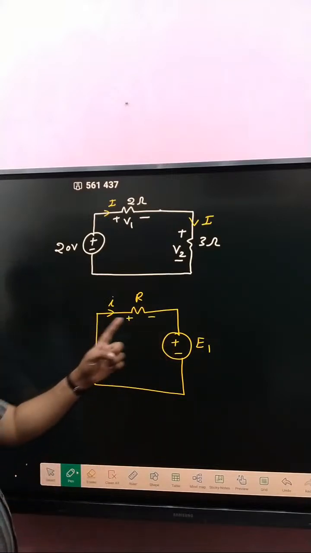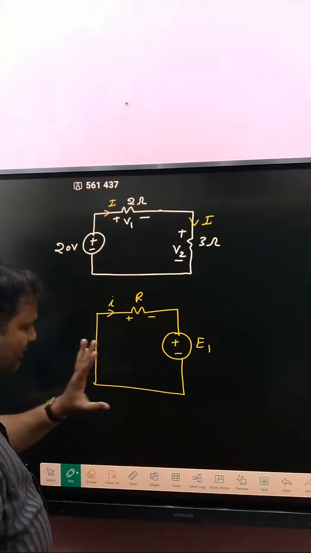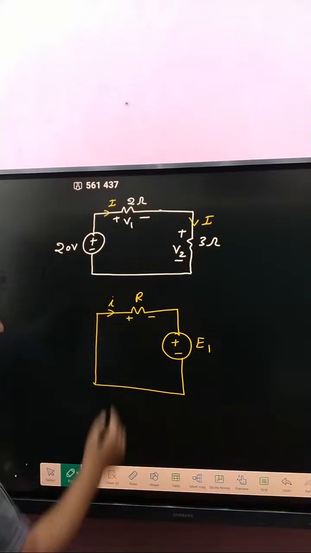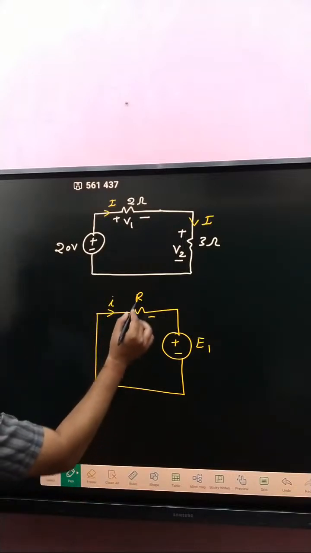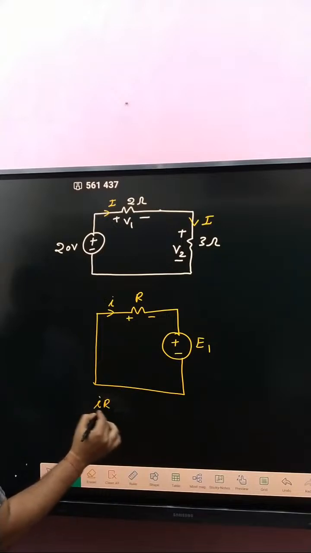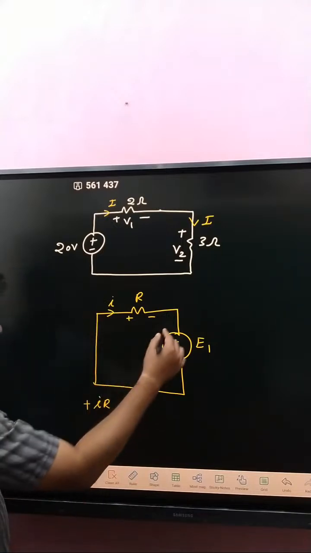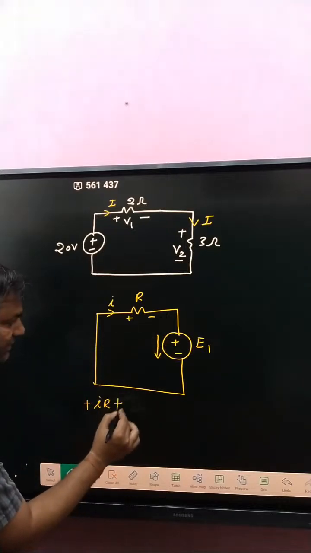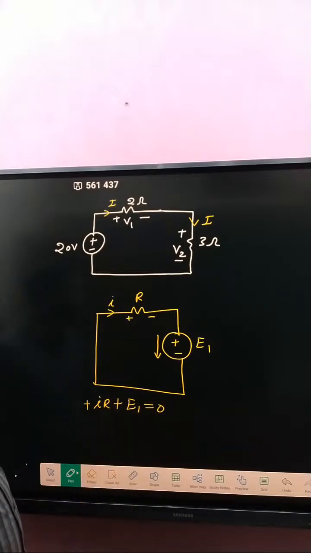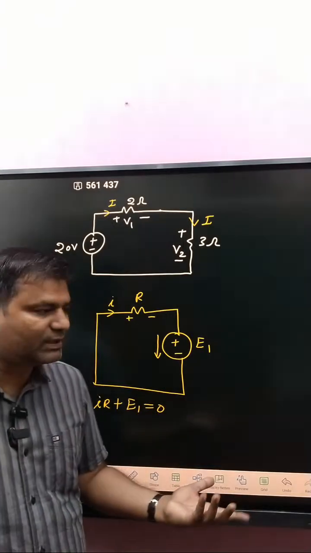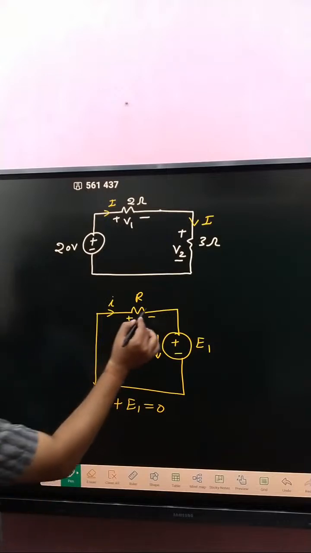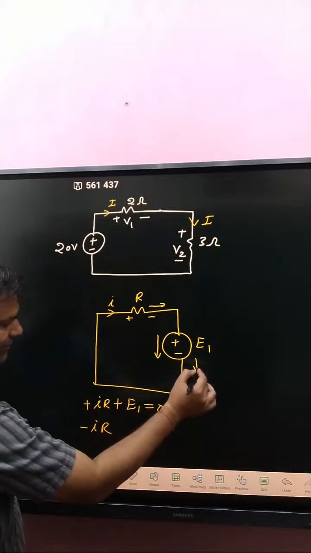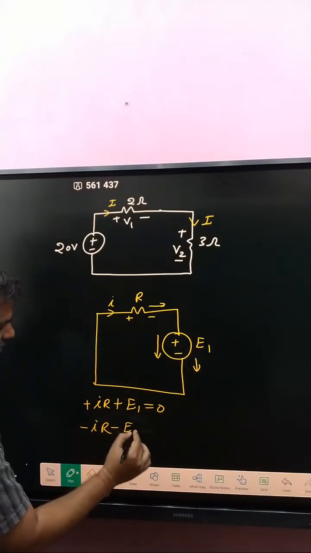So the voltage drop is plus I into R. Otherwise, most students follow the other convention: current leaves this terminal, so minus I into R, and minus E1.